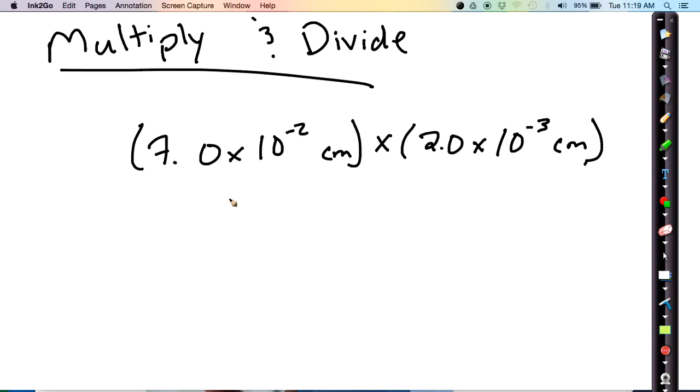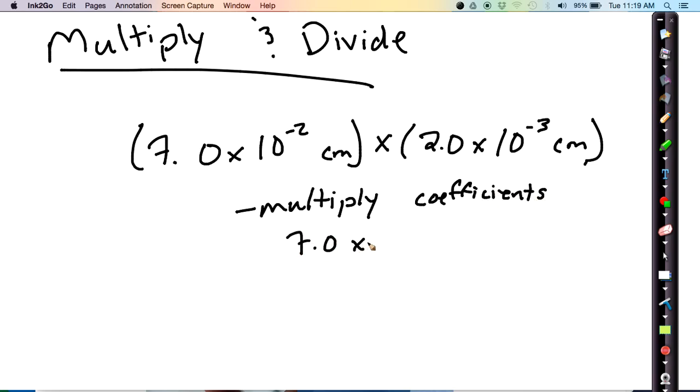To do this, two steps. First, we're going to multiply the coefficients. So 7.0 times 2.0 is going to give us 14. That's the first step. The second step is to add the exponents. And in this case, we've got negative 2 and negative 3.